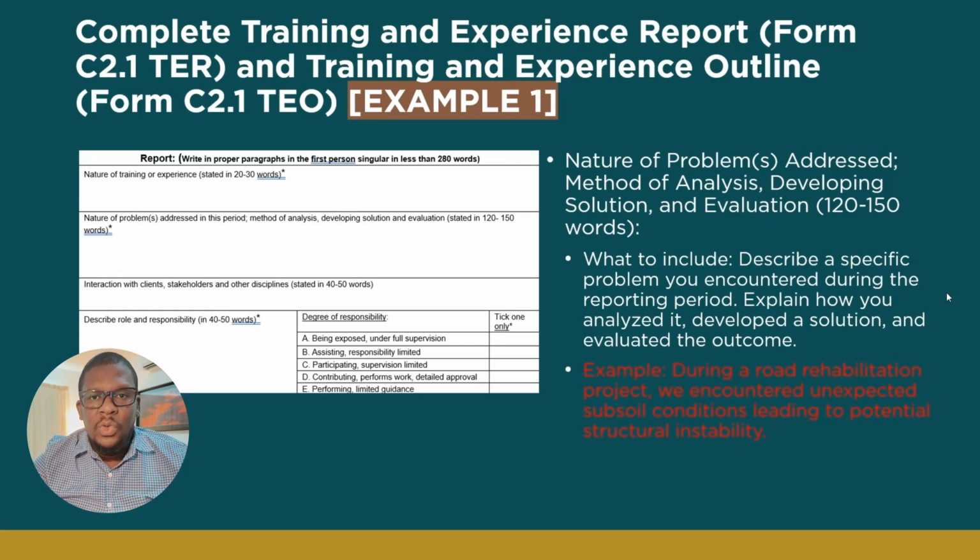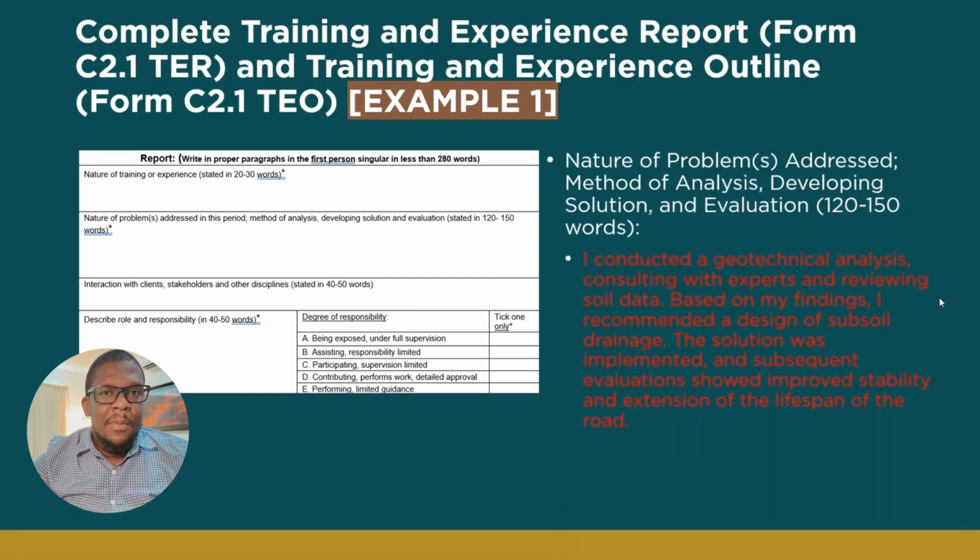For example, during a road rehabilitation project, we encountered unexpected subsoil conditions leading to potential structural instability. That is an example of a problem that you encountered. In terms of method of analysis, I conducted CAD analysis, consulted with experts, and reviewed soil data.